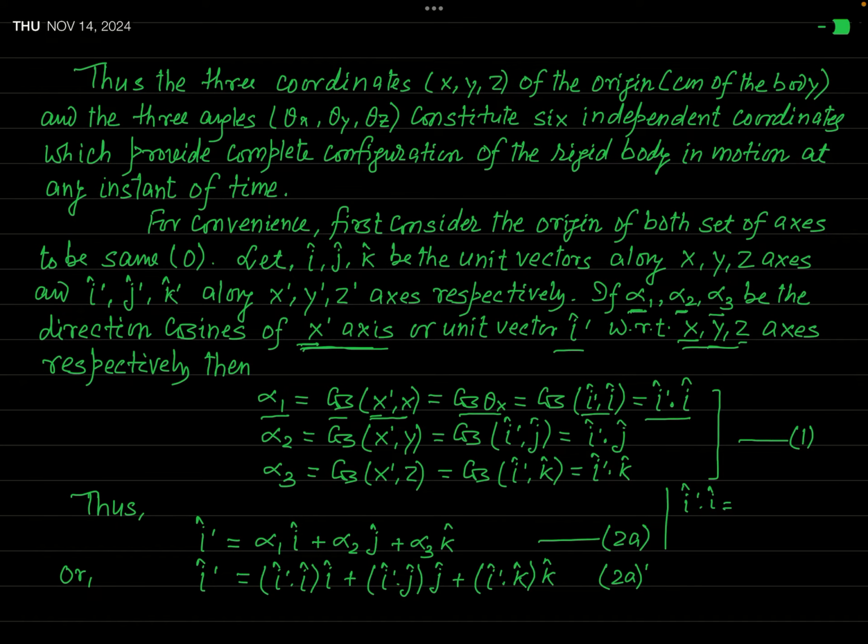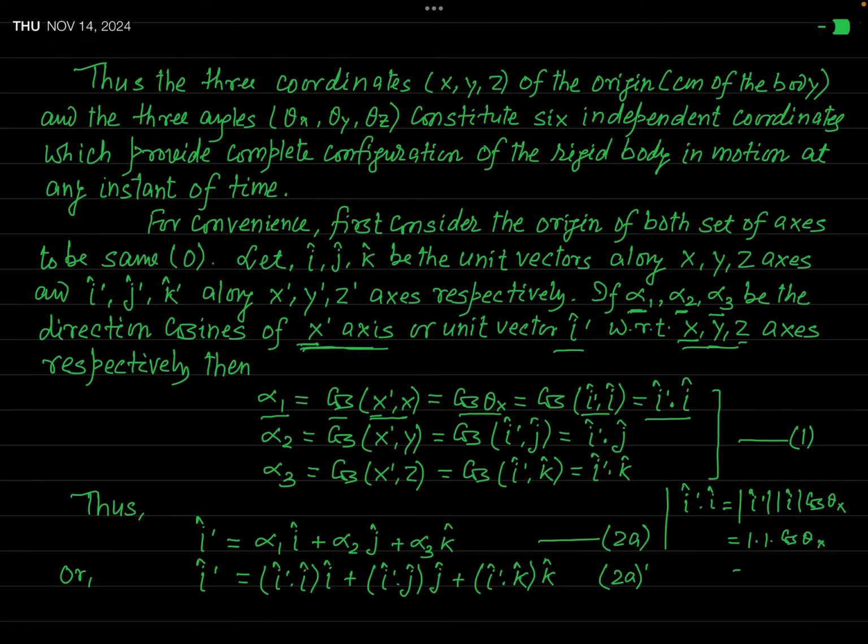According to the definition of a scalar product, this will be mod of I prime times mod of I times cos of the angle between I prime and I. If you have assumed it is theta x, then this will be cos theta x. But you know I prime and I both are unit vectors, so this will be 1 times 1 into cos theta x.